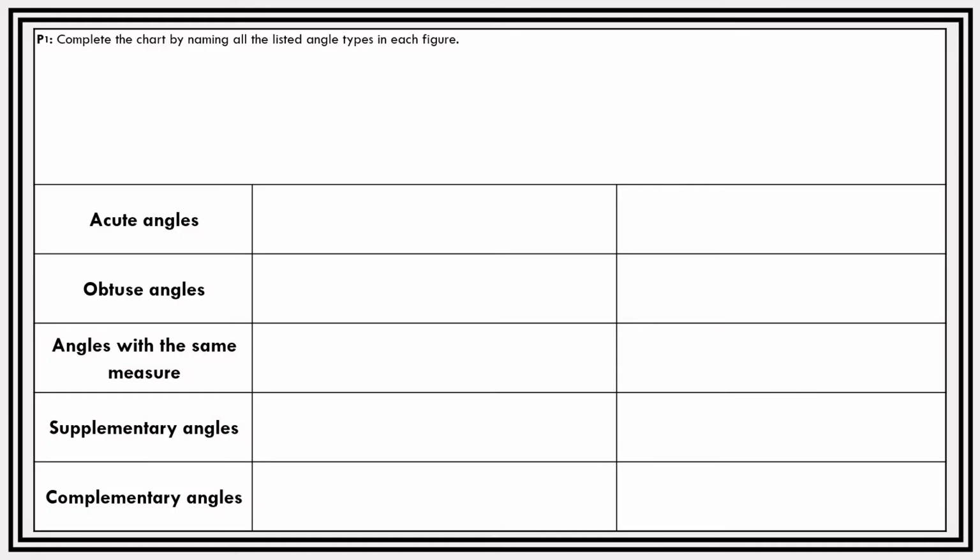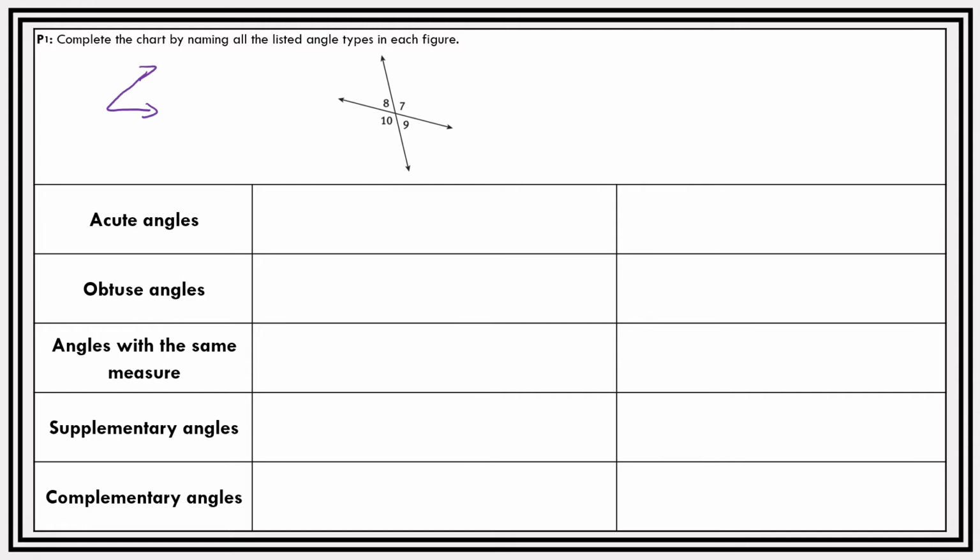So what we're going to do is complete the chart by naming all of the listed angle types in each figure. First we're going to deal with this one right here. Let's find the acute angles in this figure. Remember, acute angles kind of look like this, less than 90 degrees and greater than 0 degrees.